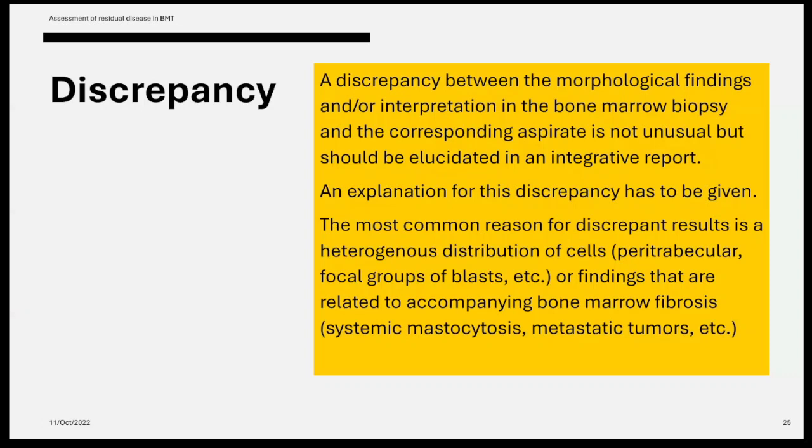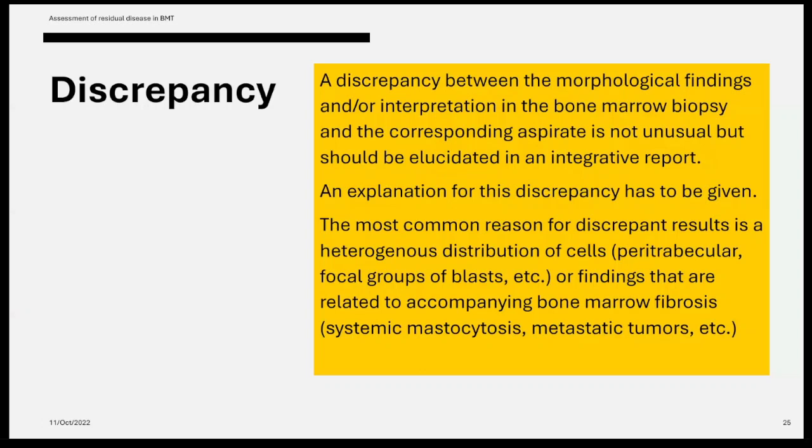This is to avoid confusion to the clinician. Say, for example, you have 2 senior hematopathologists in that particular hospital, just to make the scenario a little scary. Once one reports the aspirate and the other reports the trephine, suddenly you get opposite findings or a discrepancy.